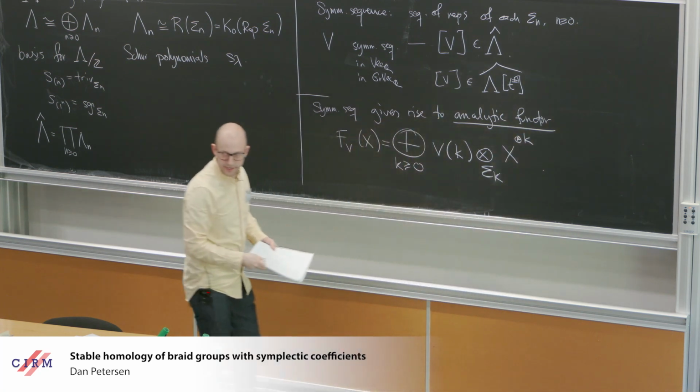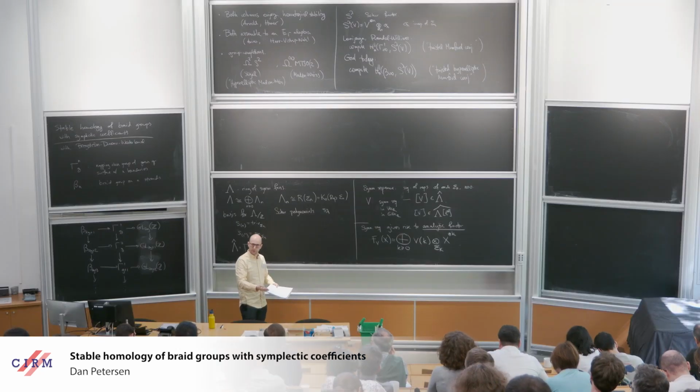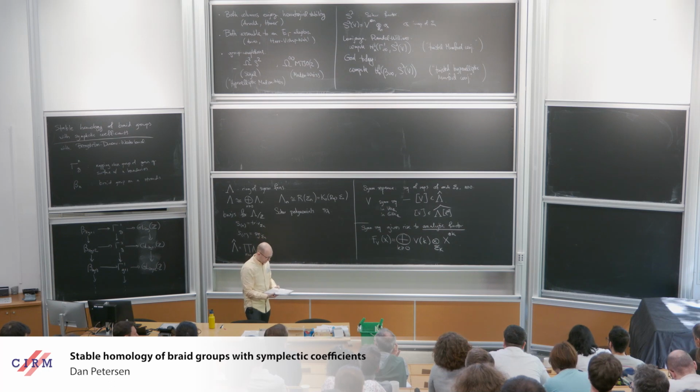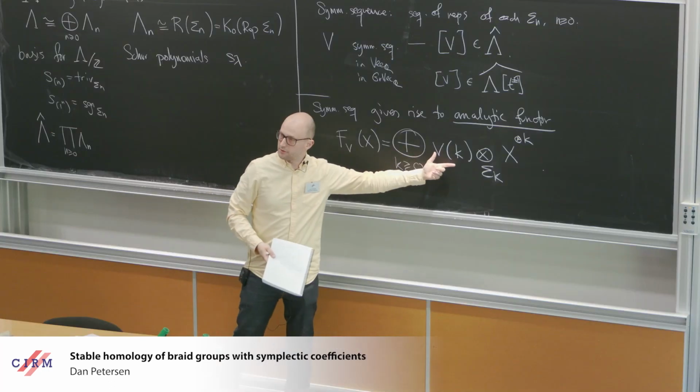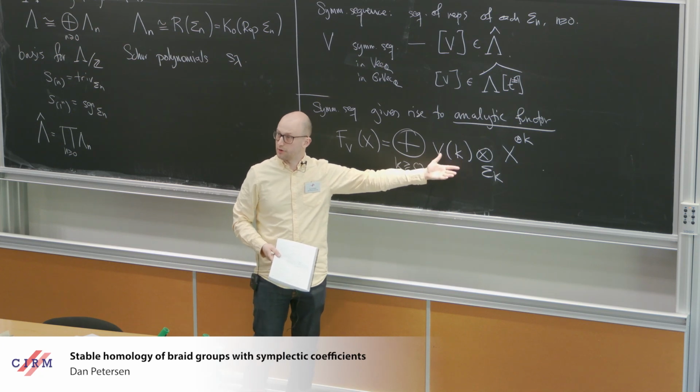So for example, if V is the underlying symmetric sequence of an operad, this is the free algebra functor over that operad. And if all but finitely many of these V's are 0, I will call such a thing a polynomial functor for obvious reasons.